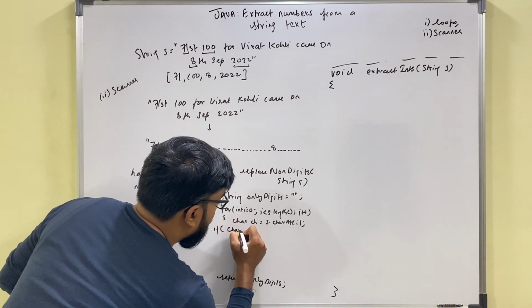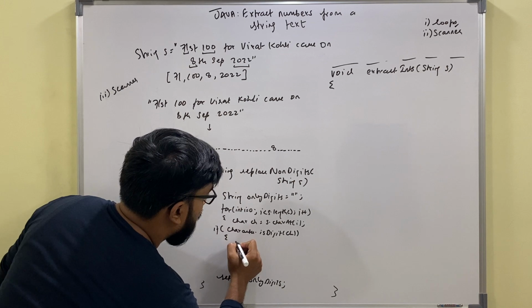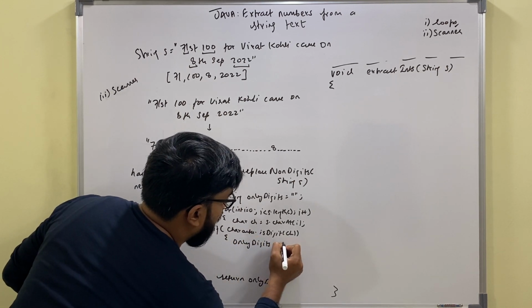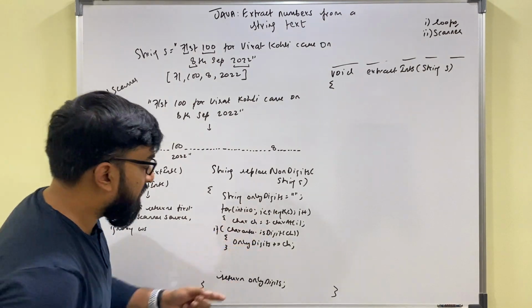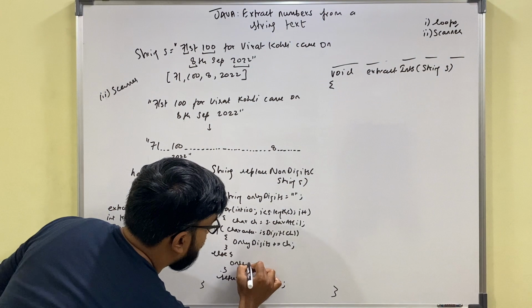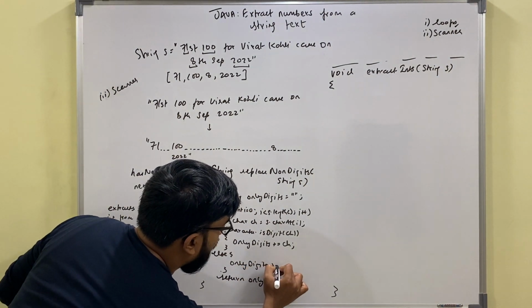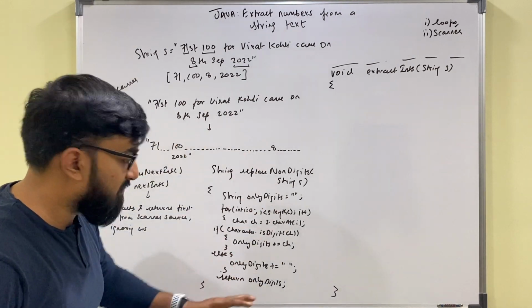If Character.isDigit(ch), I do onlyDigits += ch. If this character is a digit, add it to onlyDigits. Else, if this character is not a digit, add a single white space to onlyDigits. I guess this is not too small and you can actually see this.